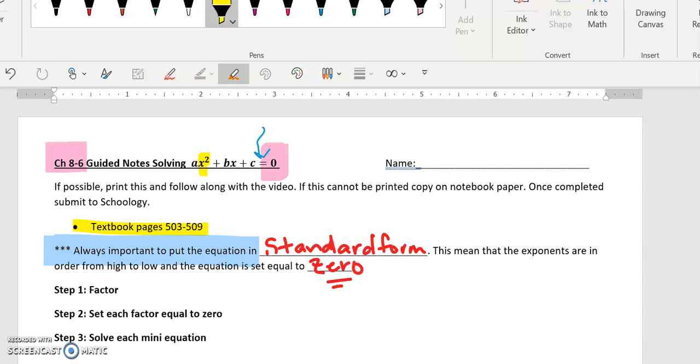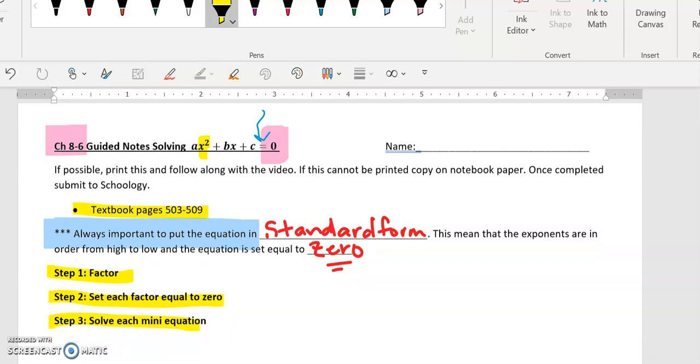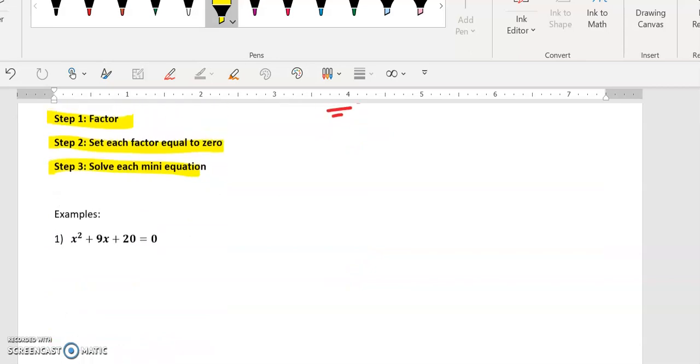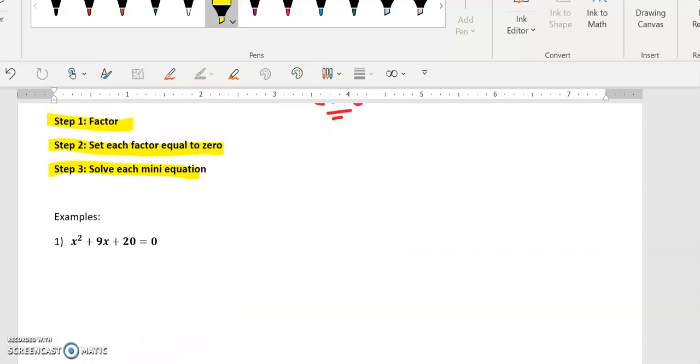Step 1 in solving is to factor. Step 2 is to set each factor equal to 0. And then step 3 is to solve the mini equation. Let's try it. Here's our first example. We need to factor, which is what we worked on in the previous video and what you learned last week.